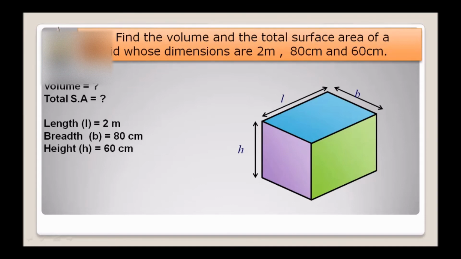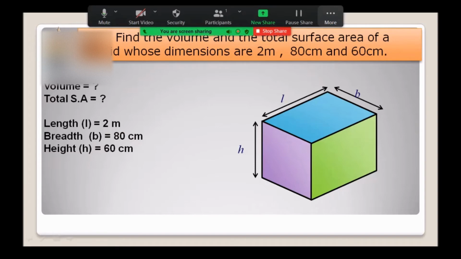It means the shape is a cuboid. But here you must remember that length is 2 meters and the breadth and height are in centimeters. We will have to make all the units equal.